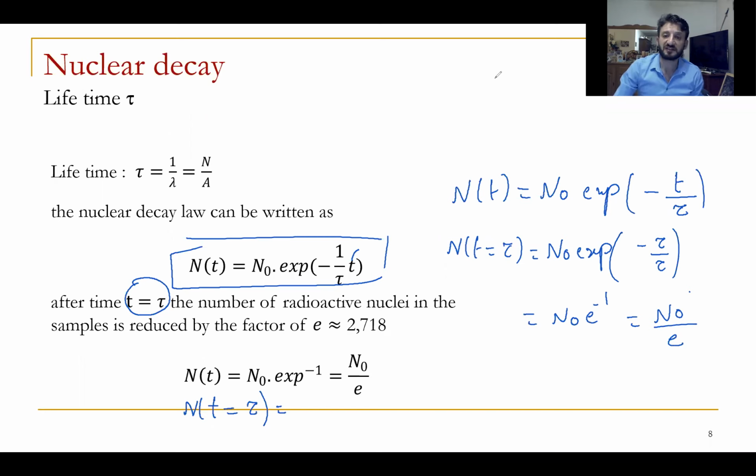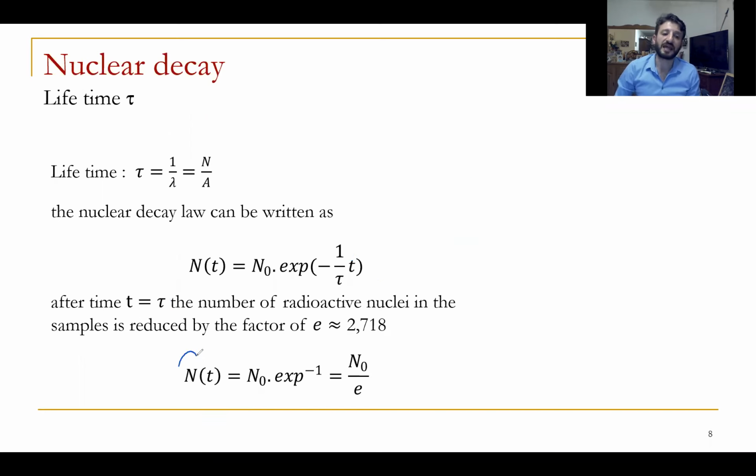So this is an important relation between N(t) and t, tau and A, tau and N. All these relations are very important to identify or to quantify any decay process. And you know e equals 2.718.